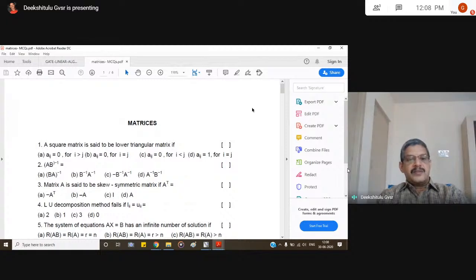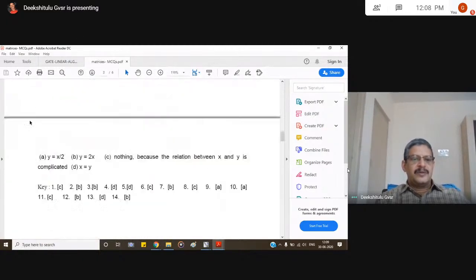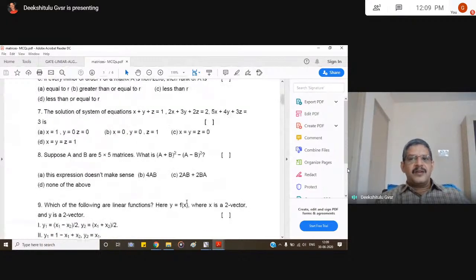A square matrix is said to be lower triangular if Aij equals 0 for i greater than j, Aij equals 0 for i equal to j, or Aij equals 0 for i less than j. Think which one is the correct one. The key is given to you, no problem, but try it on your own.